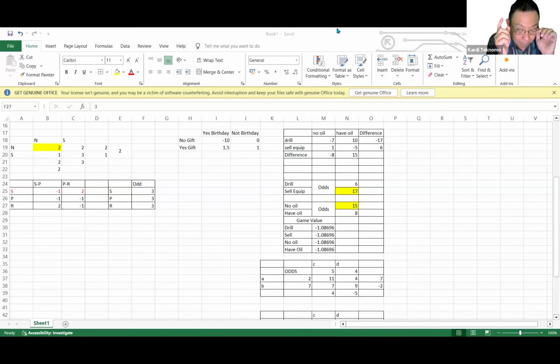So again, when you see the payoff matrix, not the game value, you can also multiply, you can also add, with any constant. That is the behavior of the scaling. I hope this is clear enough.